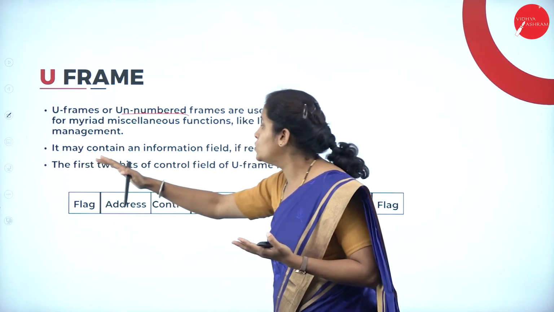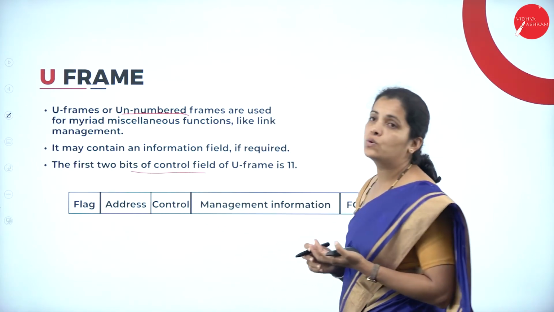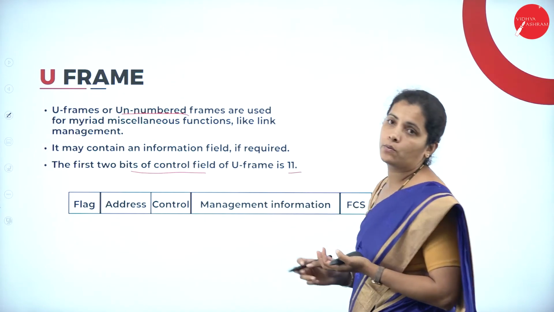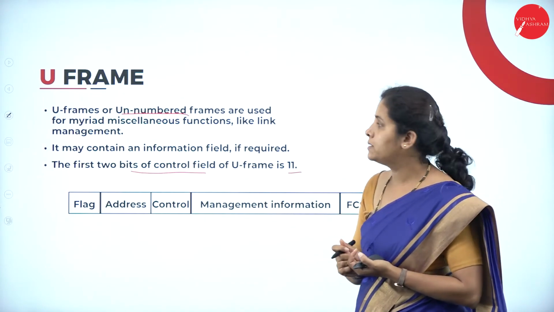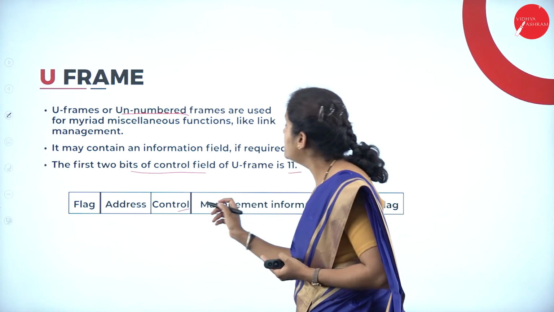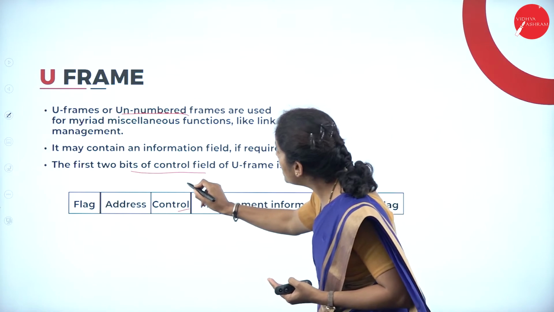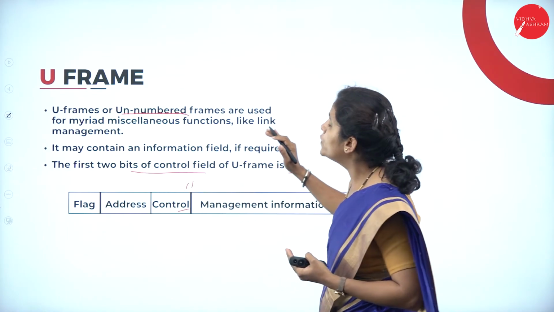The first 2 bits of the control field are indicated by 1, 1 in the U frame.